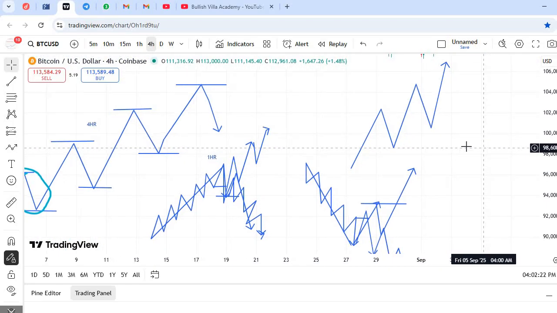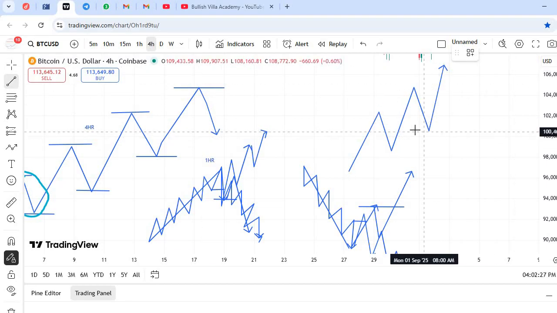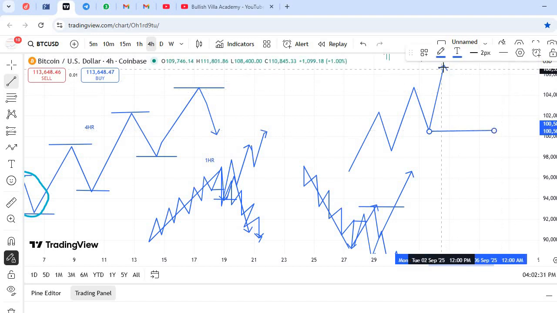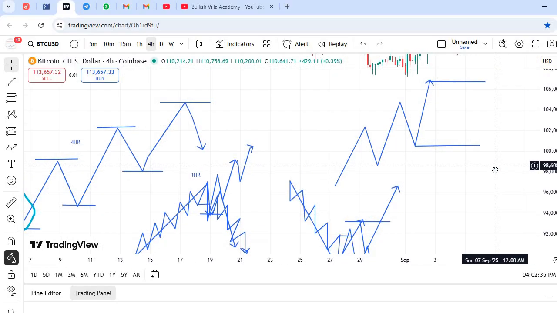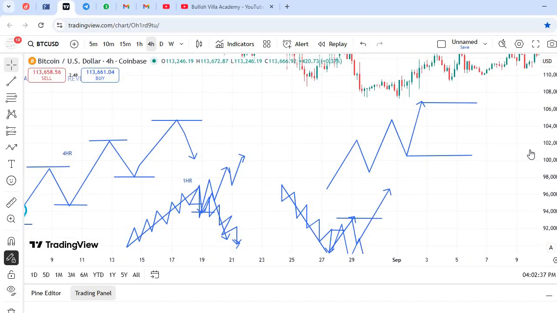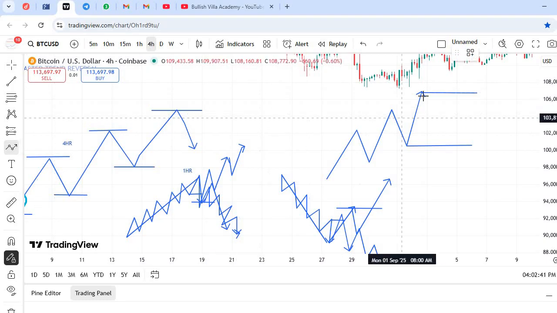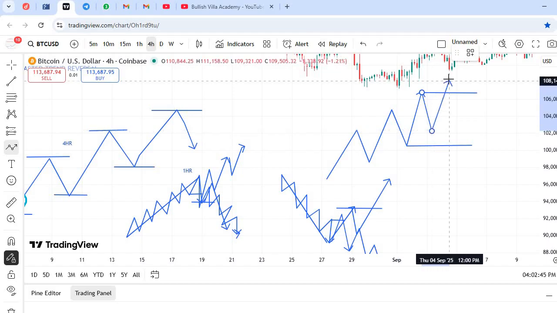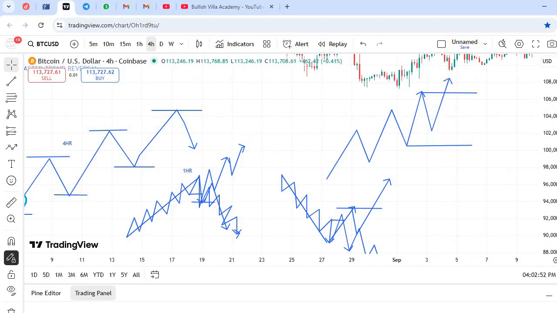This is the last low, and this is the last high. Since this is an uptrend, we are expecting that the price will come back for a correction, then it will take out this high and continue the uptrend. So this is what we are expecting on the norms.